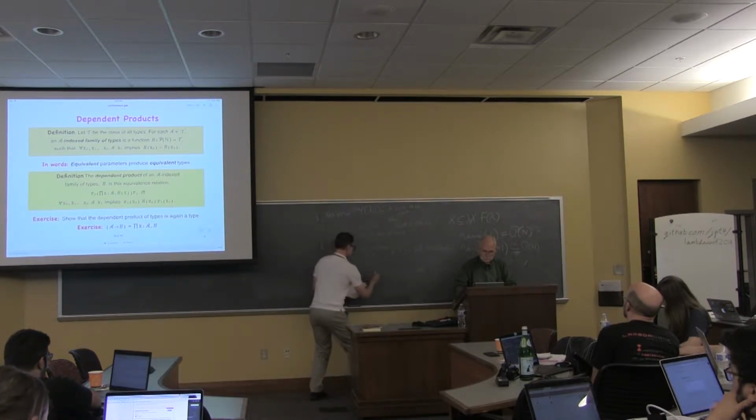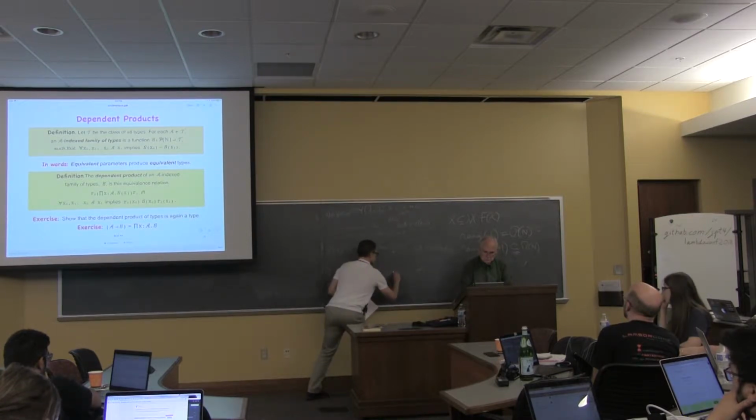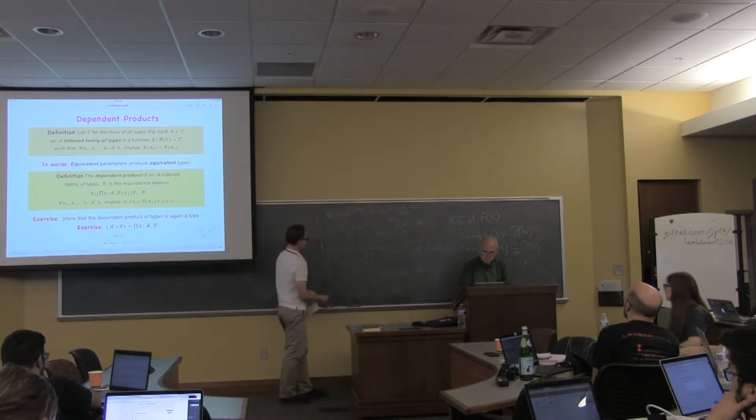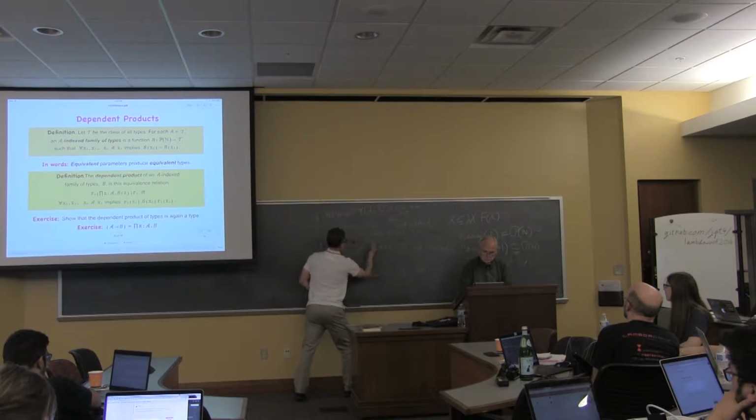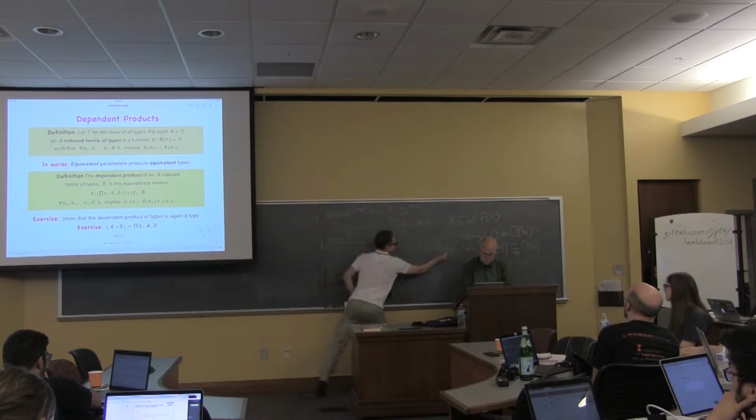So I'll produce a 0, and then I'll need to do the recursion at n minus 1 to produce the rest of it. Okay. So this whole thing, let's call that function zeros. The zeros function has this type.